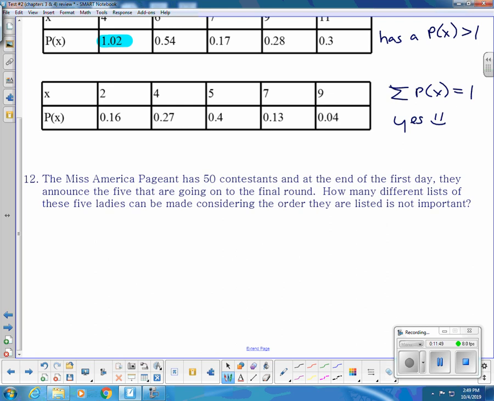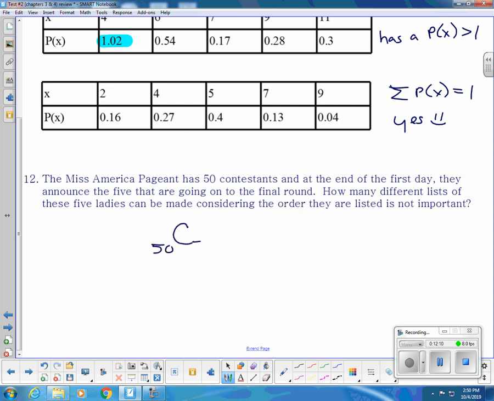The Miss America pageant has 50 contestants, and at the end of the first day, they announce the 5 that are going on to the final round. If you've ever watched this show, they always say, in no particular order, because it doesn't matter what order they're getting picked. They're starting fresh the next day, so their scores are being eliminated. So this is a combination. I have 50.